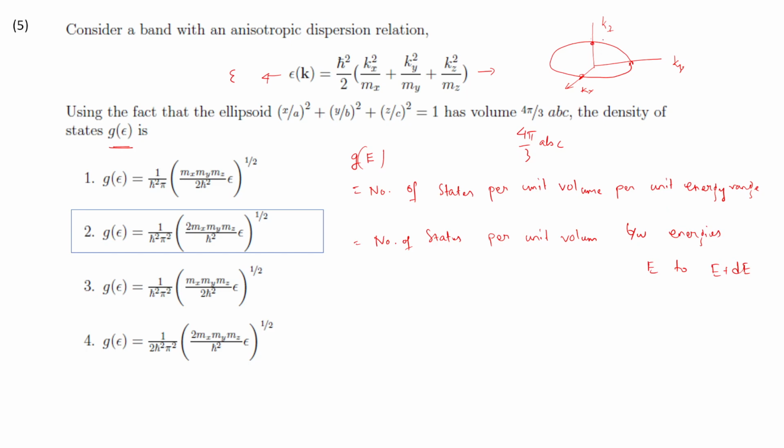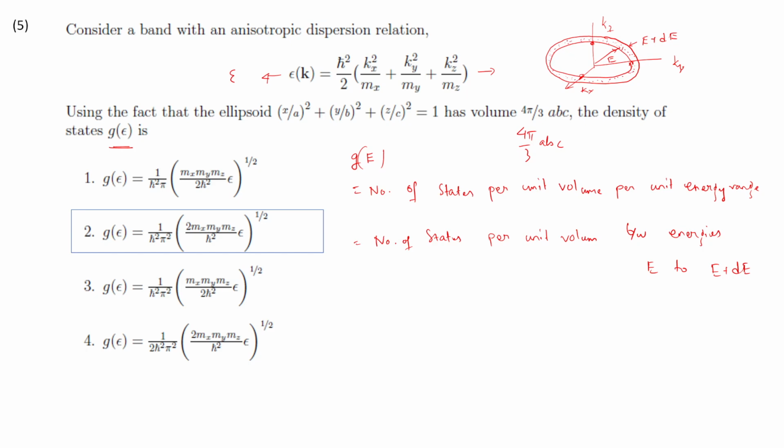So if we take two different energy cells, the energy of this one is E and the energy of this one is E plus dE. Then what is the number of states available in this particular cell? That will give me the number of states. We have to multiply by 2 for the spin, because there would be 2, spin up and down.